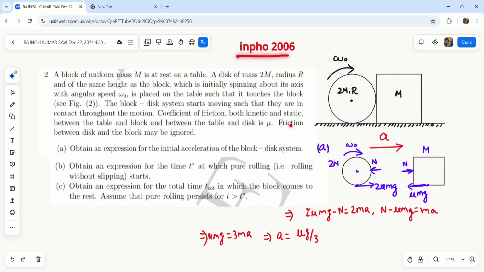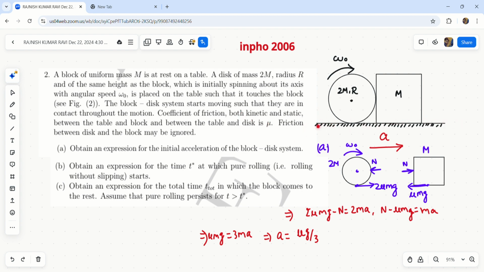So in this problem, we are given a uniform disk of mass 2m and radius r, and there is a block of height 2r and mass m. Both the disk and the block are placed on a rough surface.